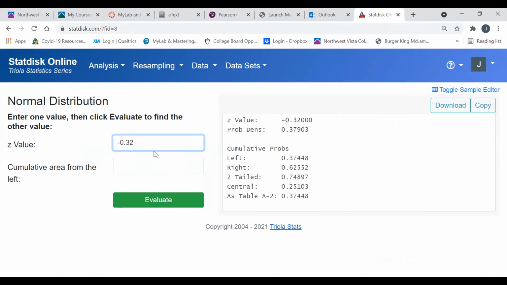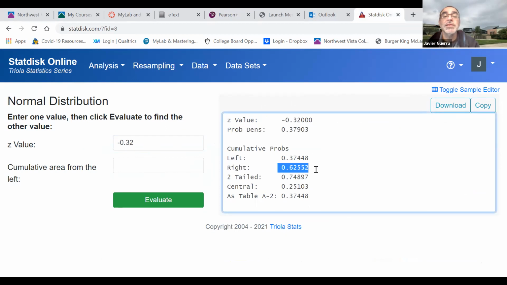There you go, negative 0.32, and I want the right. All right, there it is: 0.6255, or if you want to write a percentage, 62.55%.